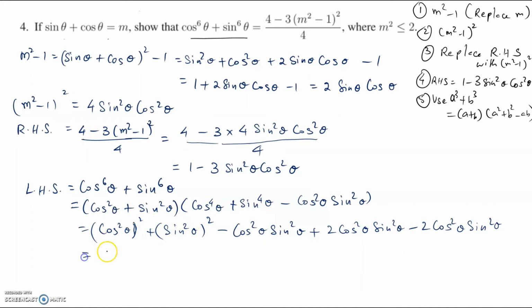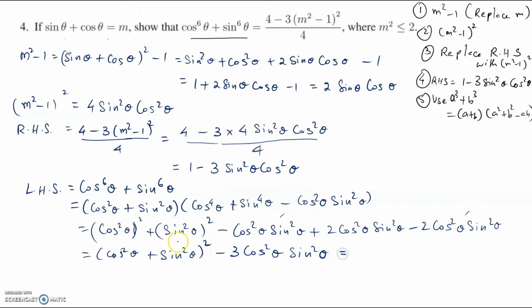So this is equal to cos squared theta plus sin squared theta the whole squared minus, then you're left with this term and this term. So it's minus 3 times cos squared theta sin squared theta.